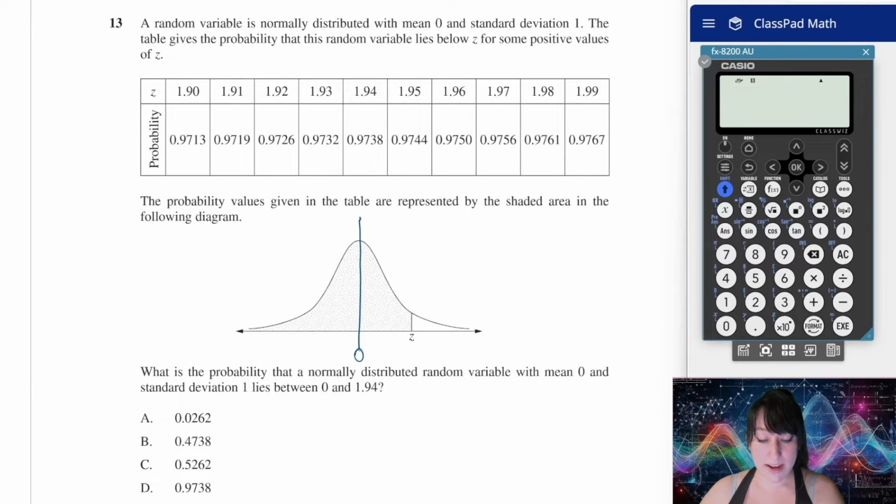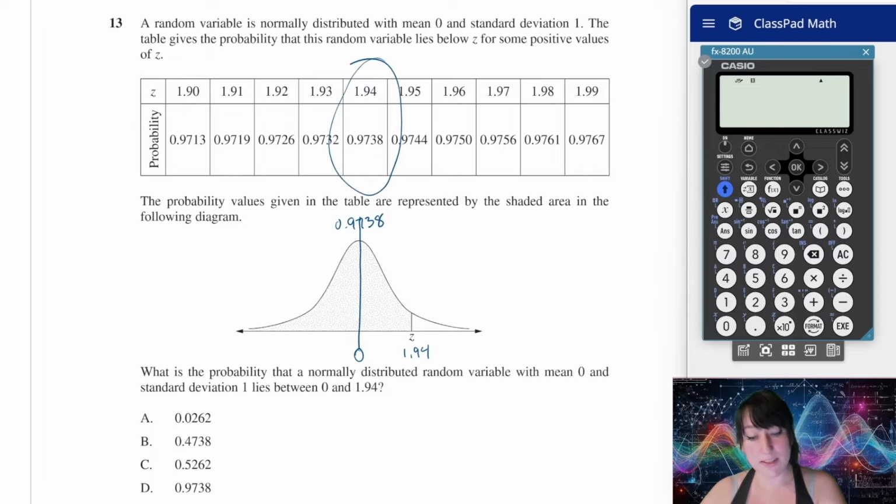And 1.94 is in the table where it says that 0.9738, as in 97.38%, will lie below that z-score of 1.94. So if we say this is 1.94, that entire shaded area in that diagram is 0.9738.